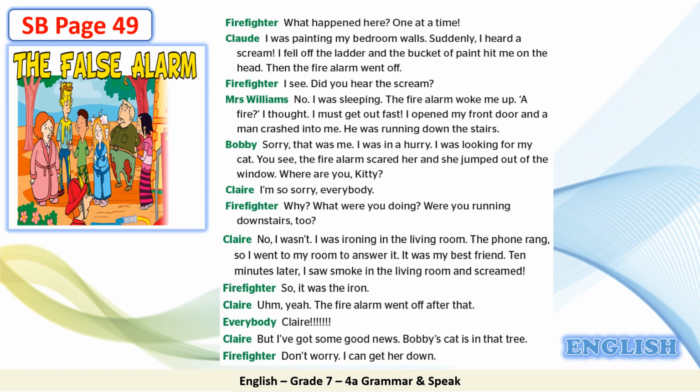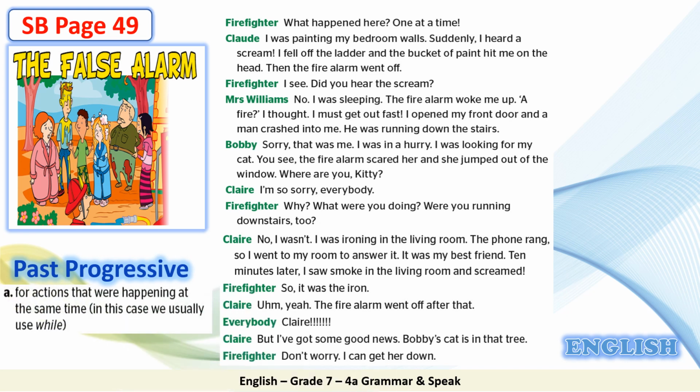And now, dear students, let's together go back to page 49 in your student's book. Here you will listen and go through the text, the false alarm again, and underline the sentences where the past progressive tense is used. But before that, can you remind me of the uses of the past progressive tense? Excellent, students.